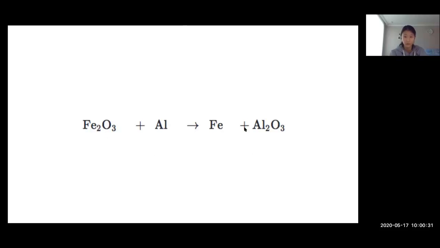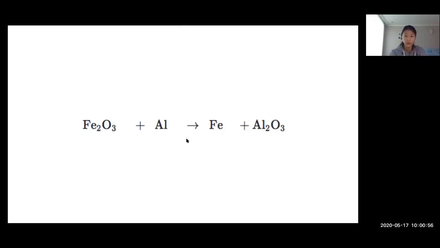We have 2 Fe atoms, 3 oxygen atoms, and 1 aluminum atom on the reactant side, and on the product side we have 1 iron atom, 2 aluminum atoms, and 3 oxygen atoms. Because this is imbalanced, we need to balance this reaction.